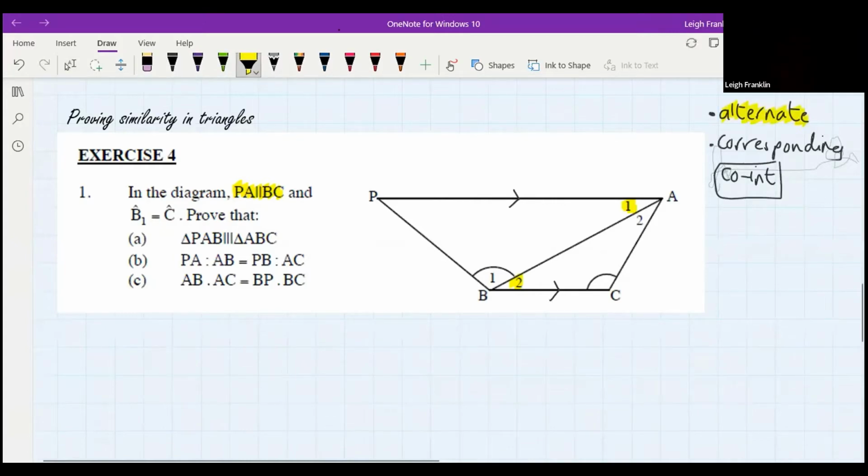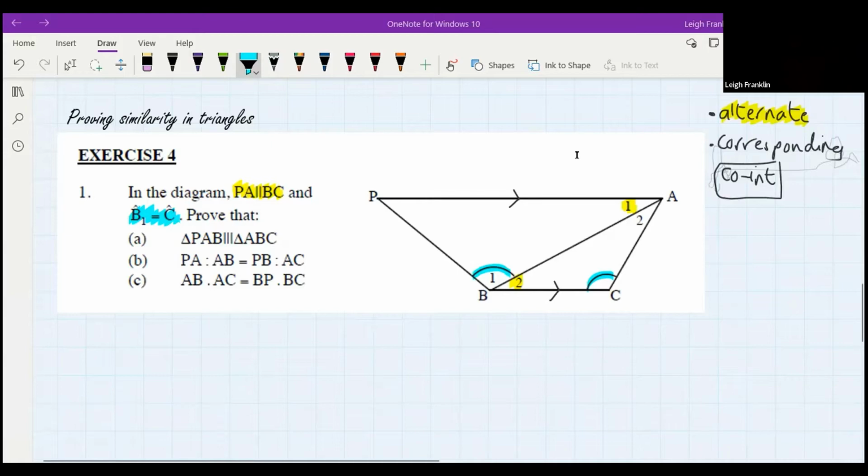The other thing that they've also told me in the information given on the left-hand side over here is that angle B1 equals angle C. That's been given to you. So here B1 and C are equal to each other. All right, so that means that we've got everything that we need in order to be able to prove that these triangles are similar to each other.